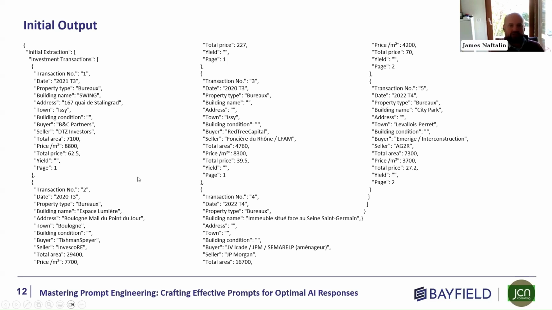So it's given each transaction a number, it's extracted the date, it's extracted the property type, building name, and so on, the buyer, seller, price per square meter, and the page in the document that it's in.